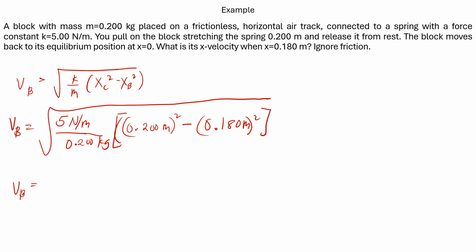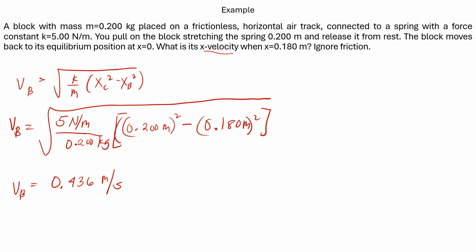So this is actually 0.436, and the unit will be meters per second. Okay, so is this our final answer? Take note that this is the x velocity that we are finding here.